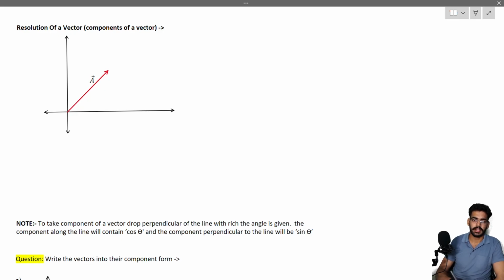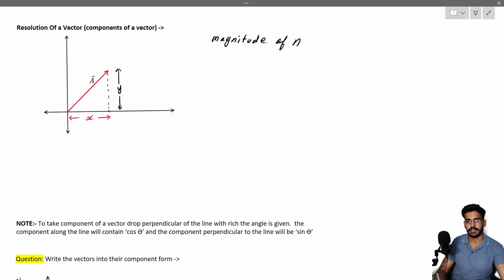So now we have a vector A and we want to resolve it along x, and we will resolve this side along y like this. So I can say here the magnitude of the vector is equal to A.